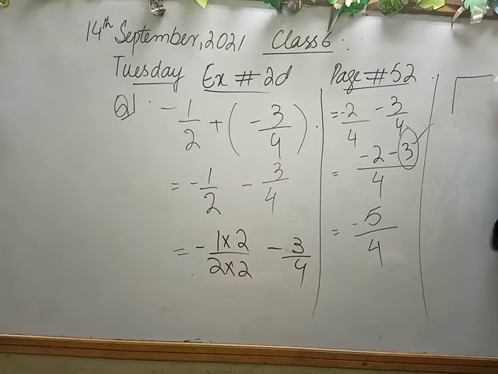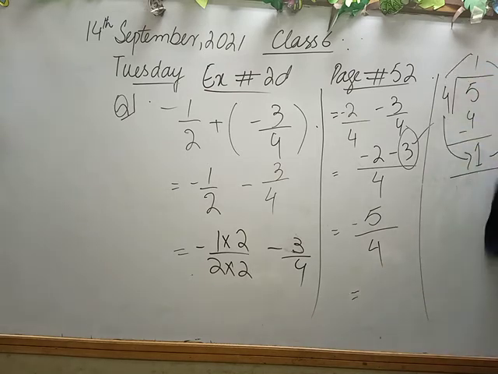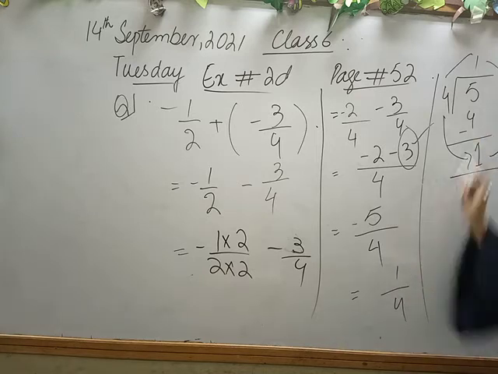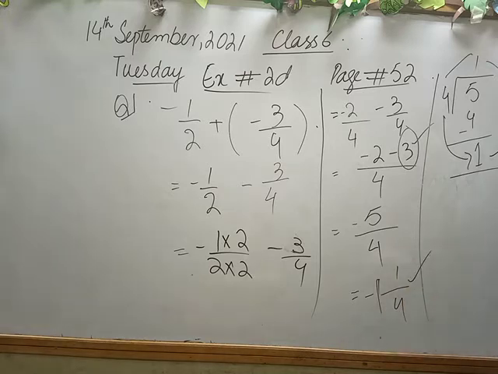Now I will simply divide 5 by 4. 4 1 times 4. We will subtract it. We have 1 in the end. So I will write 4 in the denominator, 1 here, and 1 is on this side, and minus with it. So this is your answer. Okay? This is your answer.